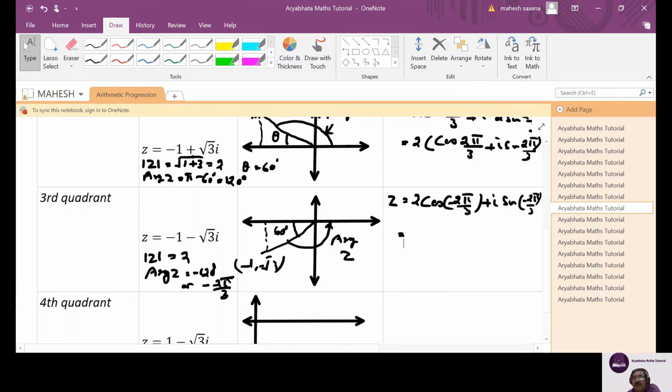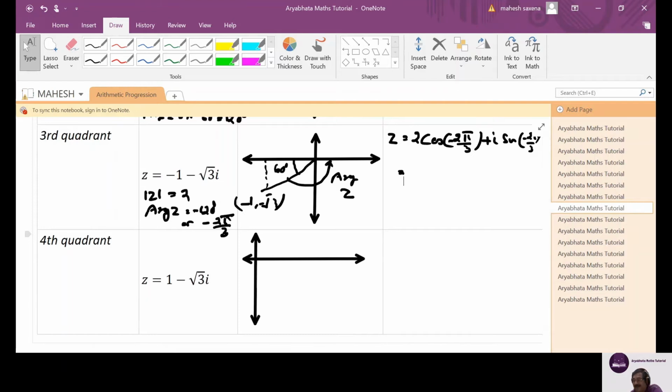Now suppose the point is in the fourth quadrant. In this case, the point will be somewhere here. This point will be (1, minus root 3), and this angle will be 60 degrees, and this will also be the argument of z.